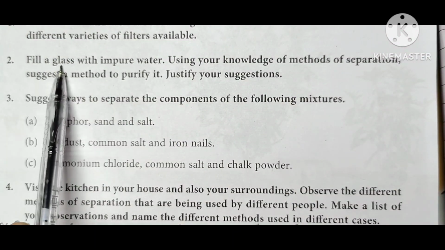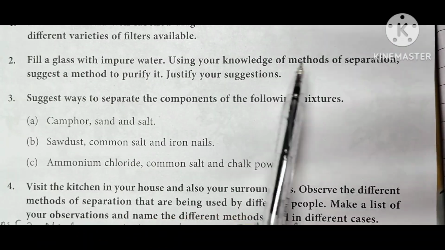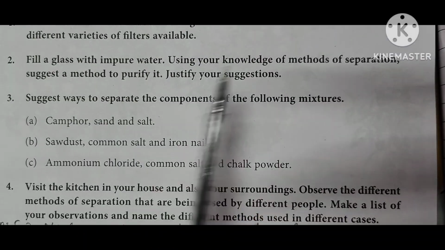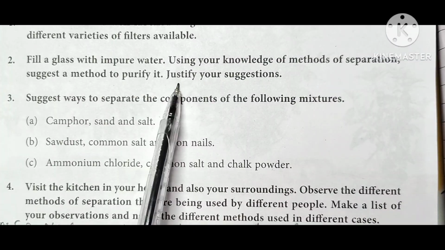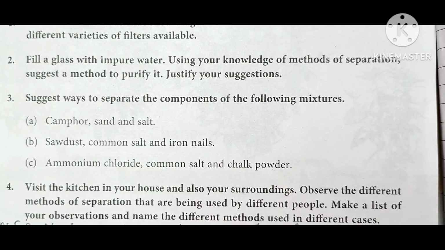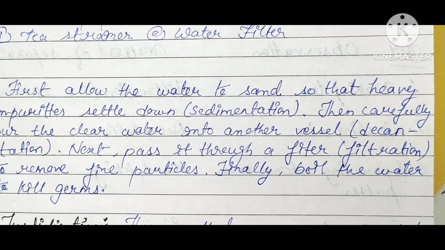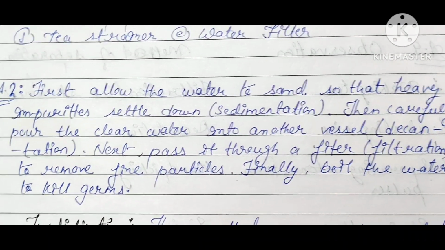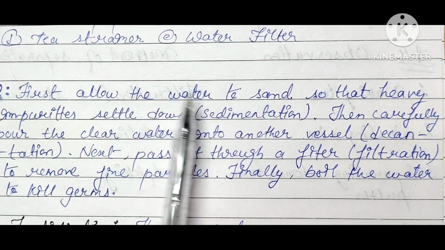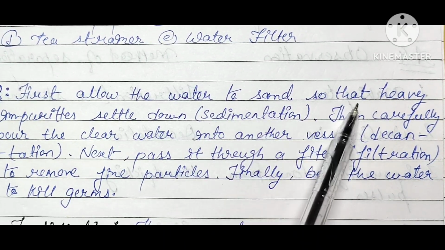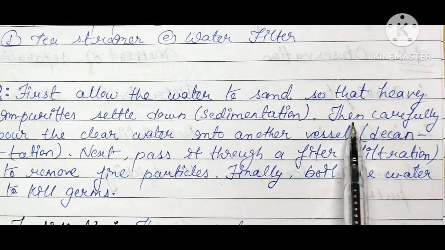Second, fill a glass with impure water. Using your knowledge of methods of separation, suggest a method to purify it. Justify your suggestions. Answer. First, allow the water to settle so that heavy impurities settle down. Sedimentation.